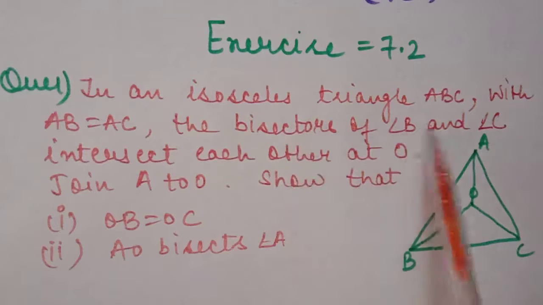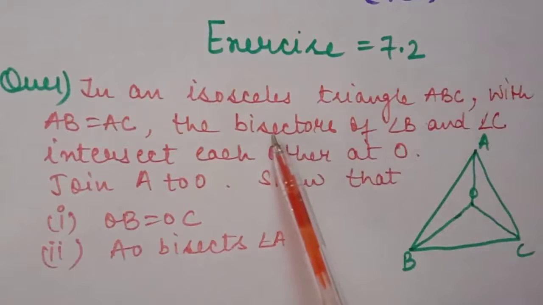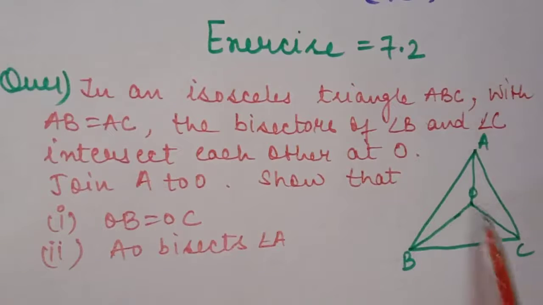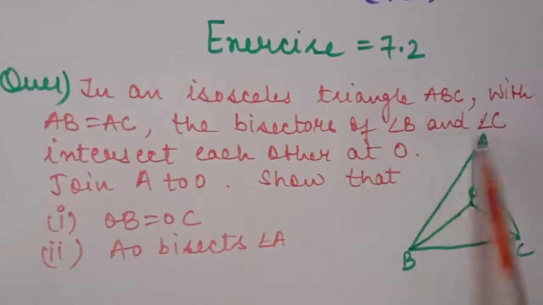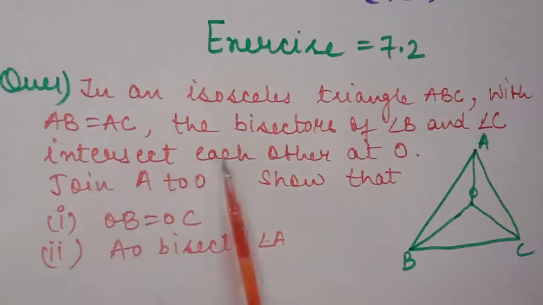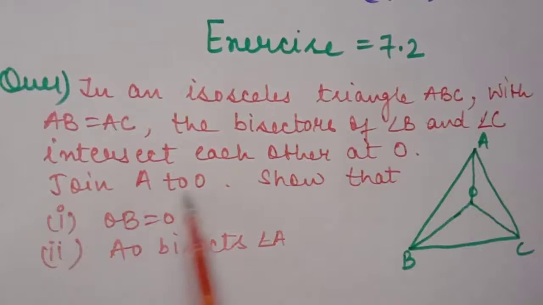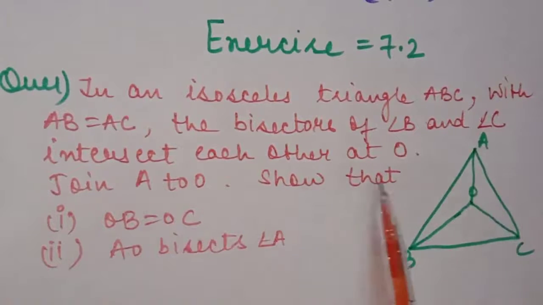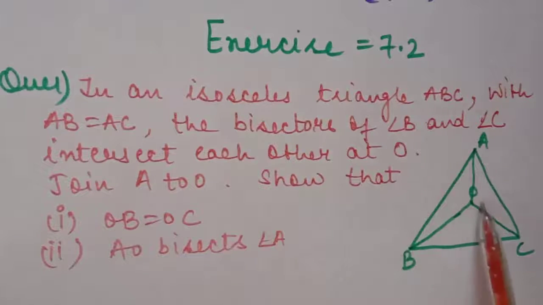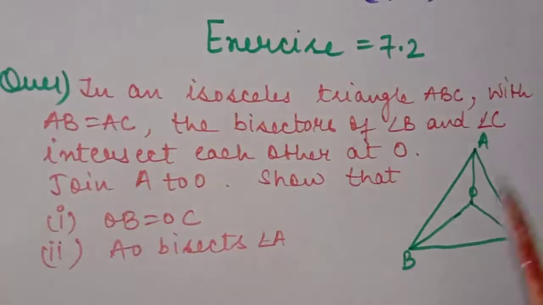The bisectors of angle B and C, it means these two lines BO and OC are the bisectors of angle B and C, intersect each other at point O. When we meet the bisectors of these two angles, they will intersect each other at point O. Join AO, show that OB and OC are equal to each other, and AO bisects angle A.